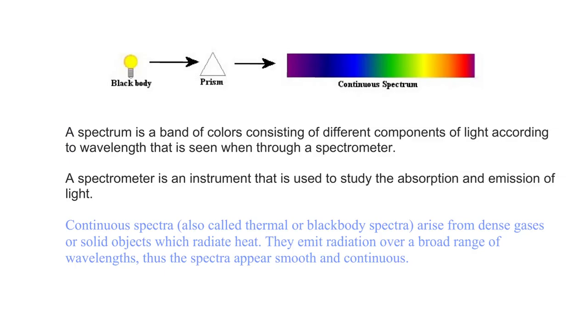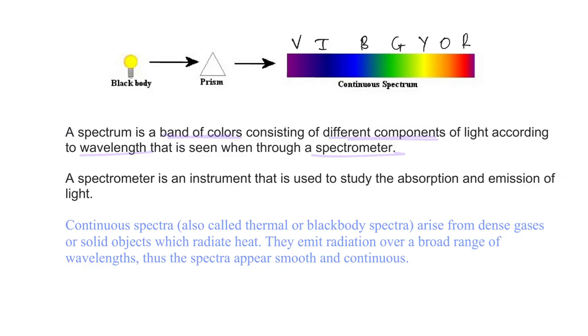Over here what we have is what we call a spectrum of light. A spectrum is a band of colors consisting of different components of light according to the wavelength, seen through a spectrometer. When we look at a continuous spectrum, we've got red, orange, yellow, green, blue, indigo, and violet.